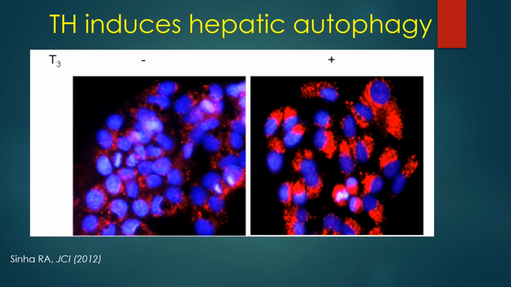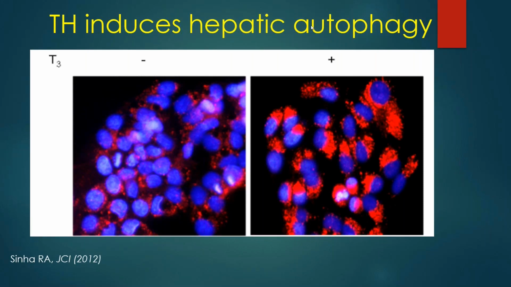They're amines, but they work exactly as steroid hormones do. They bind to the receptor and in turn activate the expression of genes. In this case, we found that thyroid hormone increases the expression of several autophagic genes in the cells and in turn increases autophagy. So you can see, I'll tell you how.